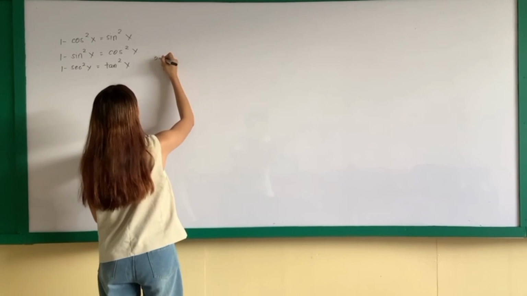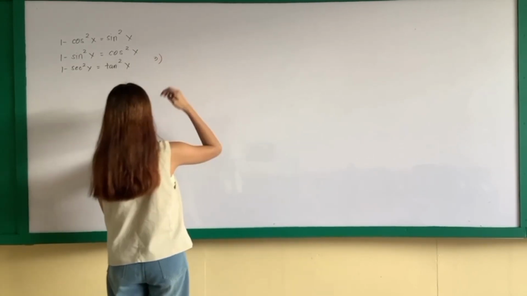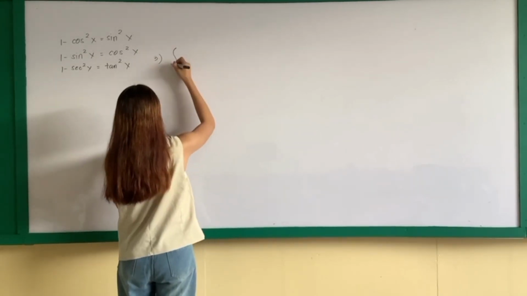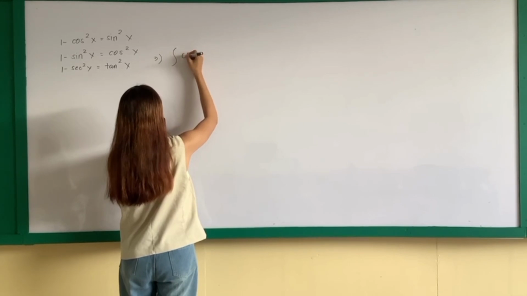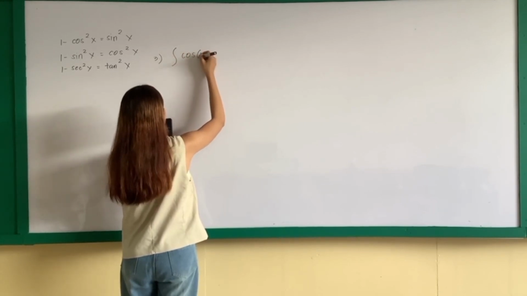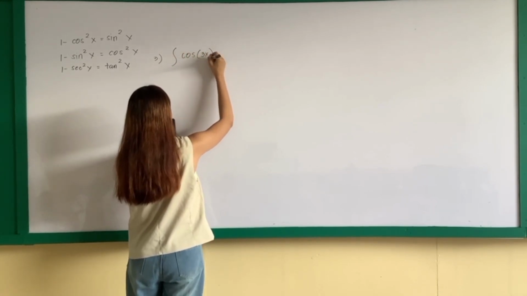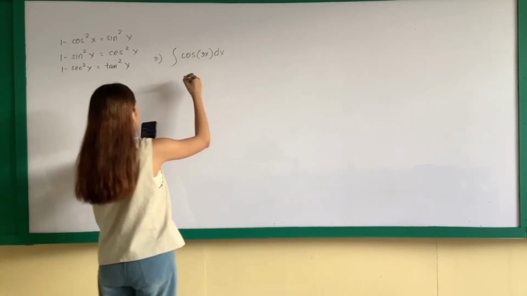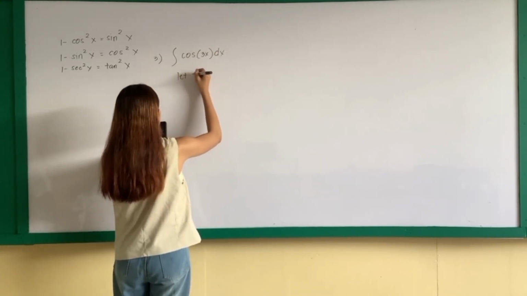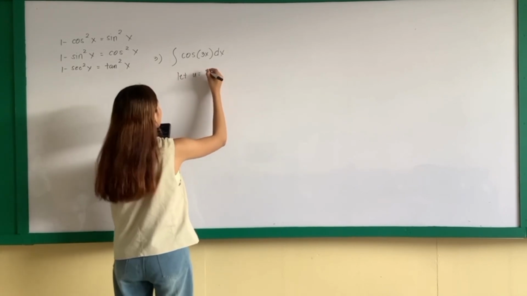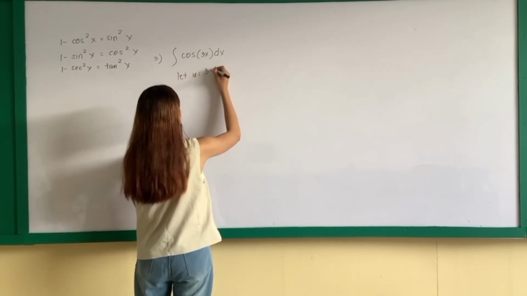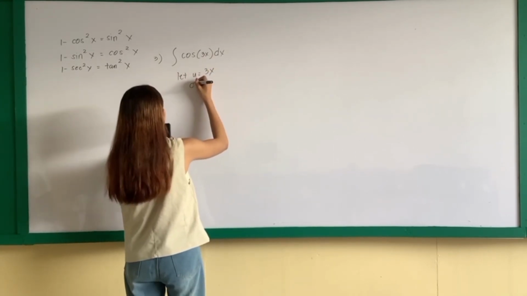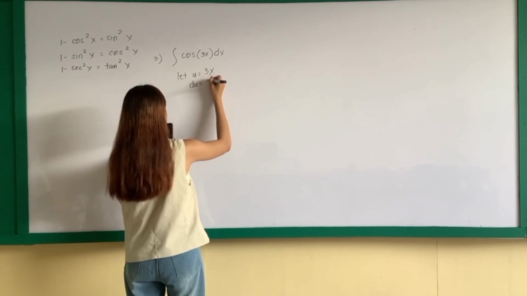Problem number 3. The integral of cosine 3x dx. So let u equal 3x, and our du is 3 dx.